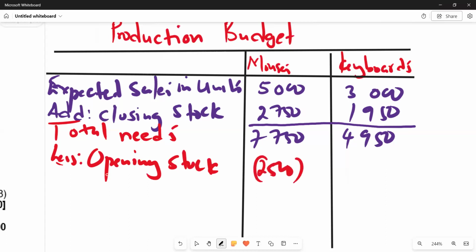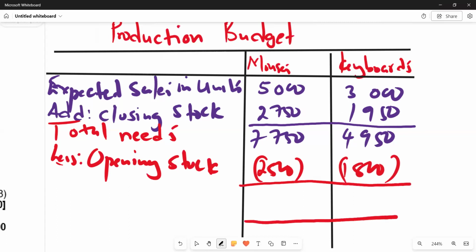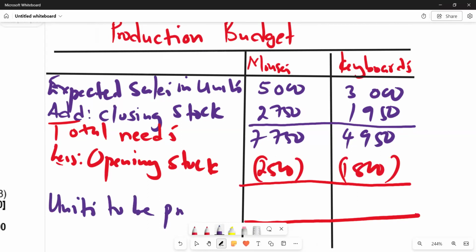Calculating it, the final figure becomes the units to be produced: 5,250 for mouses and 3,150 for keyboards.